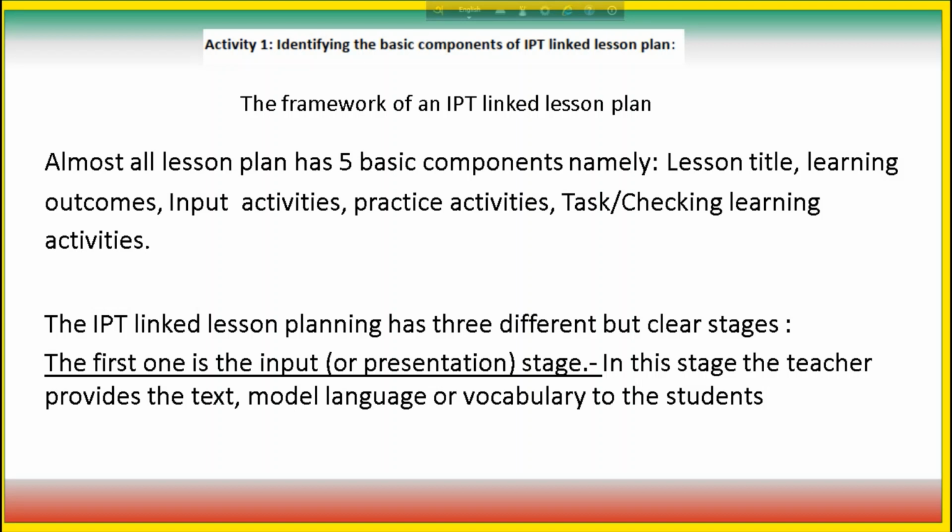There is not much difference between IPT linked lesson plans and TMT based lesson plans, only a little. In the IPT linked lesson plan there are 5 basic components: lesson title, learning outcomes, input activities, practice activities, and tasks or checking learning activities.